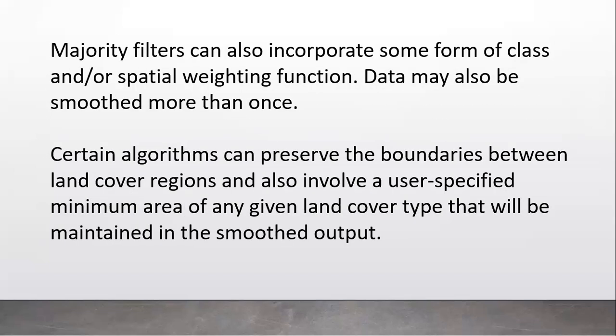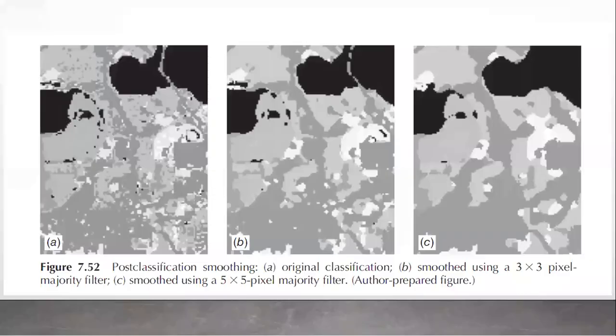Majority filters can also incorporate some class or spatial weighting function. Data may also be smoothed more than once. Certain algorithms can preserve the boundaries between land cover regions and also involve a user specified minimum area of any given land cover type that will be maintained in the smoothed output.